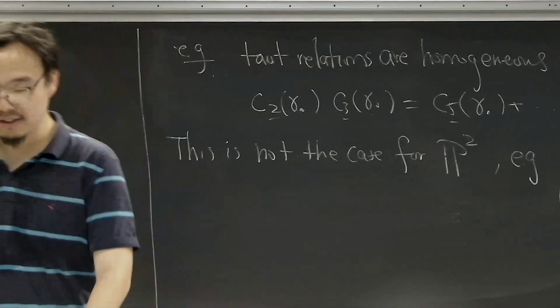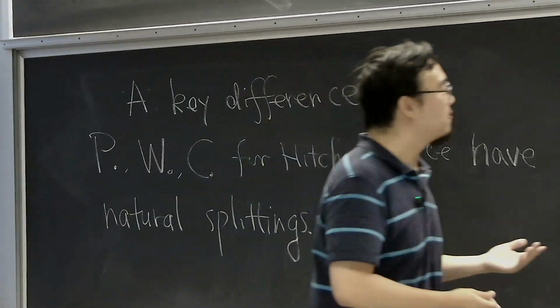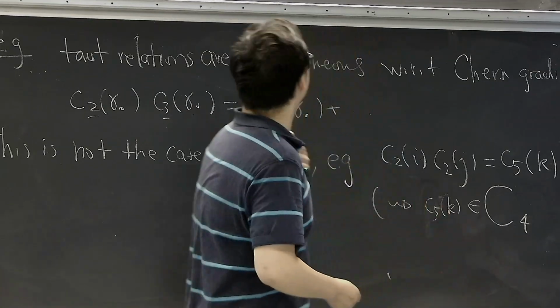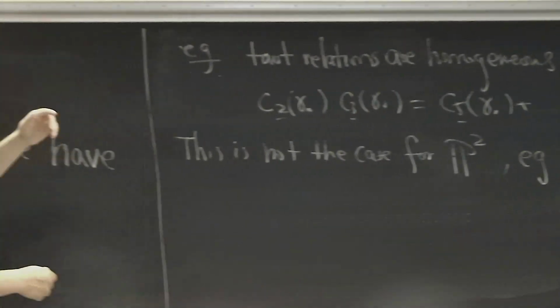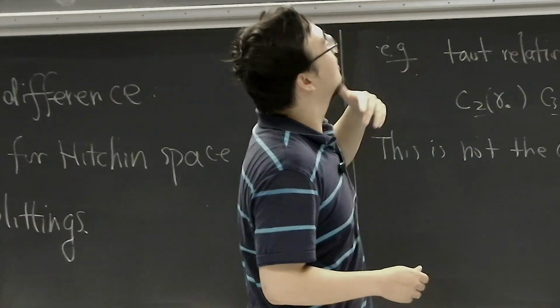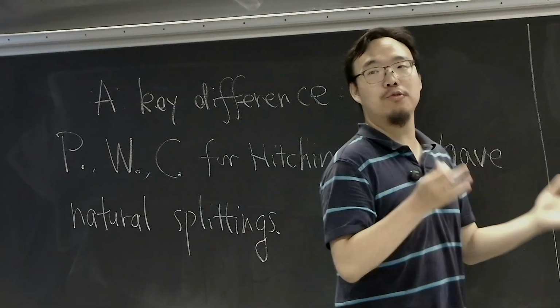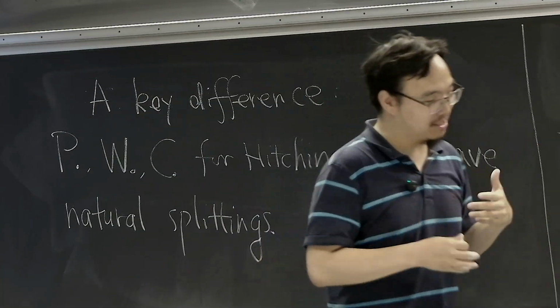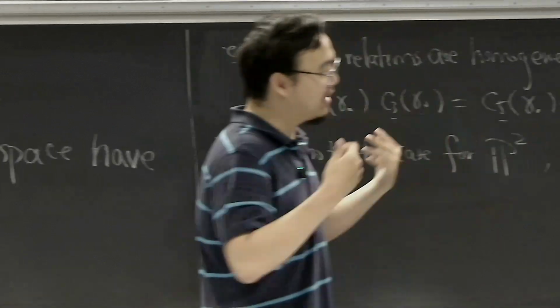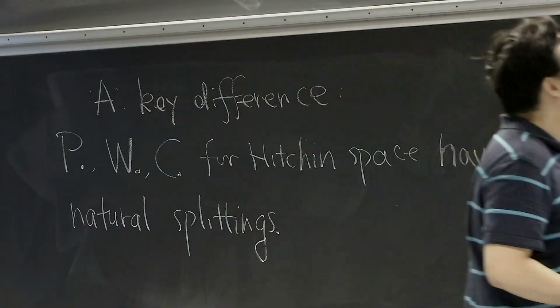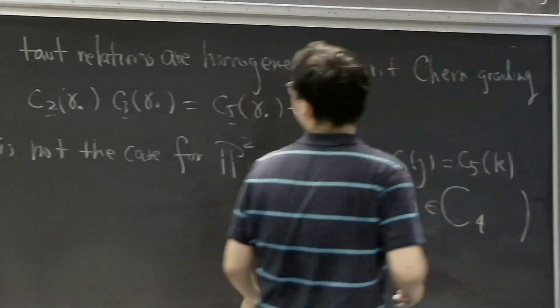So in particular, the more and more relations you have, the more complicated the shape of the Chern filtration. In other words, if you want to prove this conjecture, it's an honest statement for two filtrations. You really have to prove that two filtrations are the same. So it seems to me very hard to split both filtrations into a decomposition and prove they are the same on the nose.